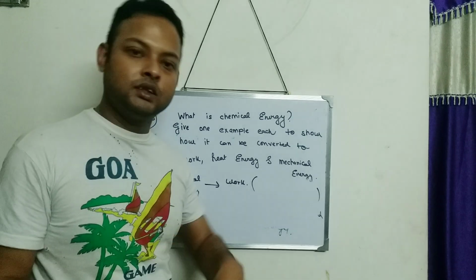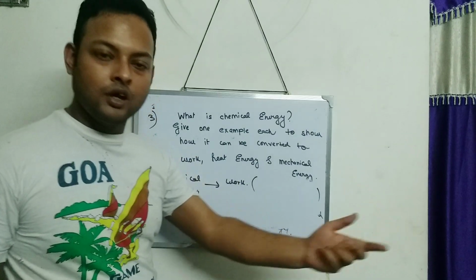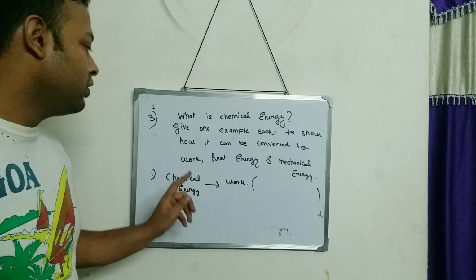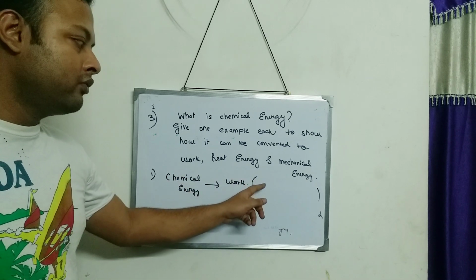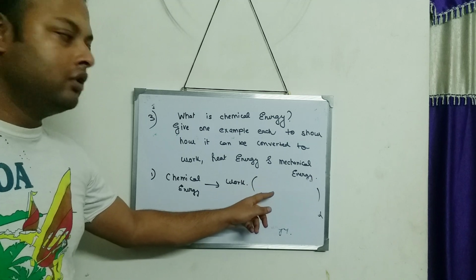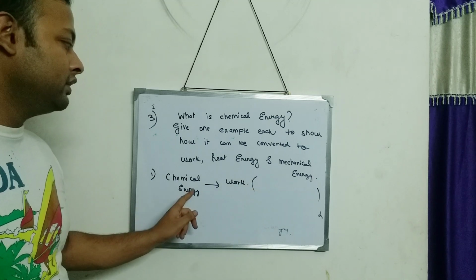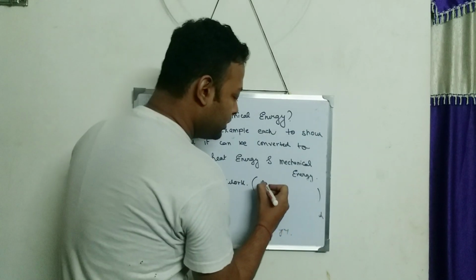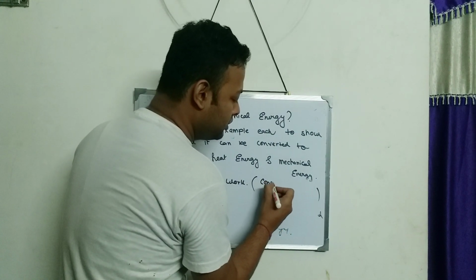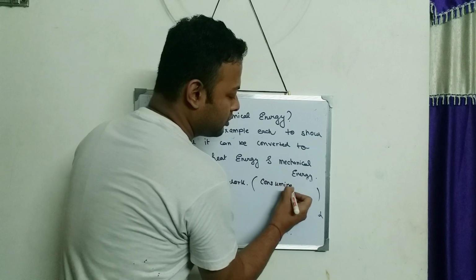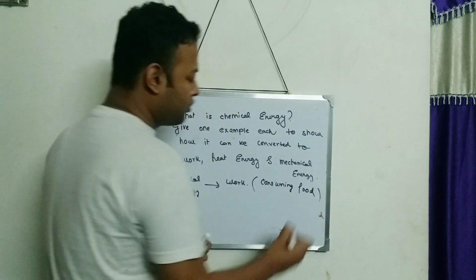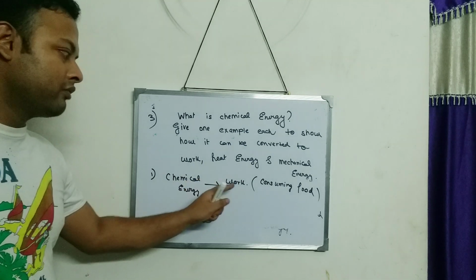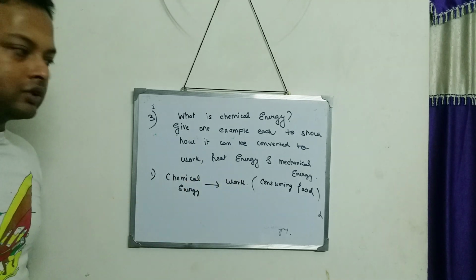Our body gets the energy and we can do some work. Without eating food, none of us can do any kind of work. So consuming food converts the chemical energy inside the food, and we can perform some work after consuming the food.